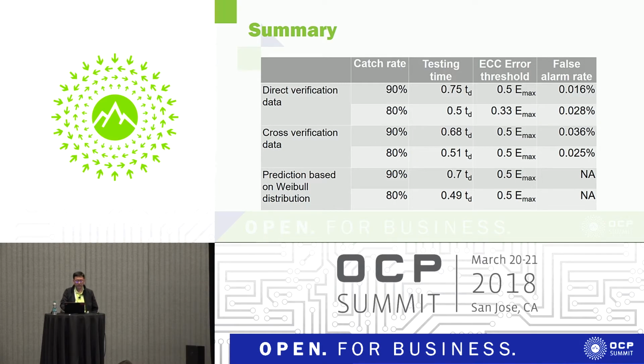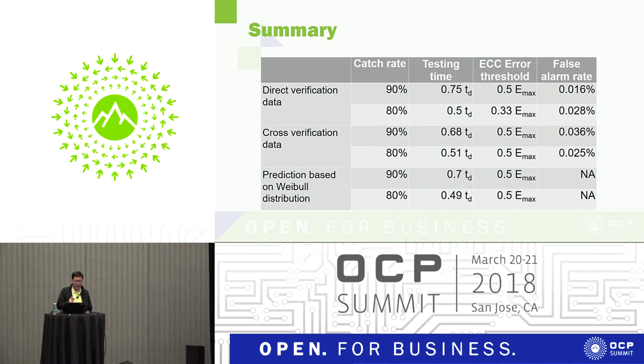The testing time can be reduced to only half. So you can have only half the testing time and 1/3 of the threshold. Then you get a little higher false alarm. Yeah, that's our direct verification.